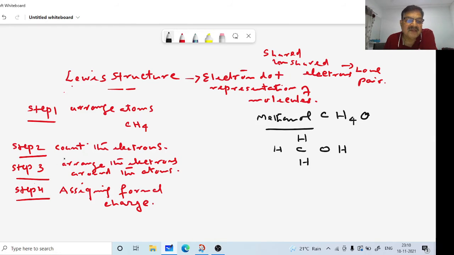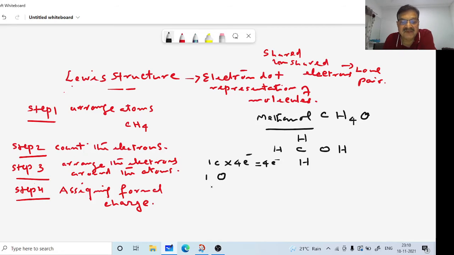Now step 2, count the number of electrons. Here we have one carbon. Carbon has 4 valence electrons, so one carbon gives you 4 electrons. Then one oxygen.